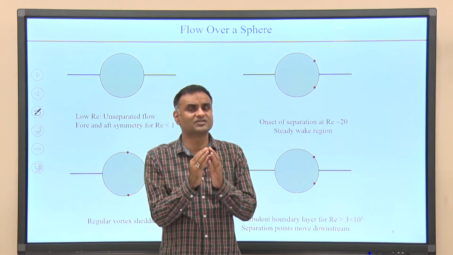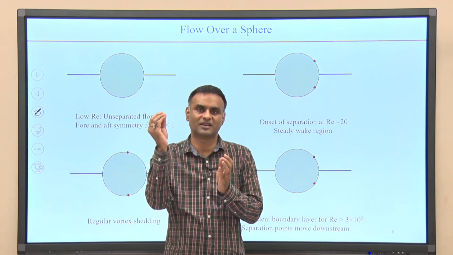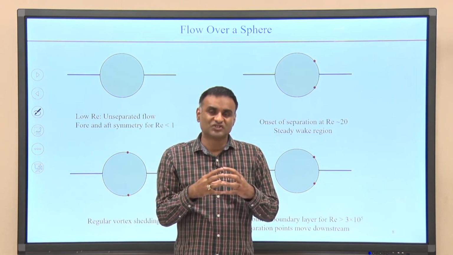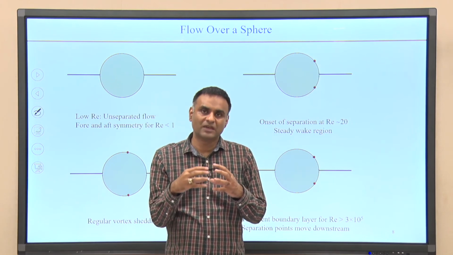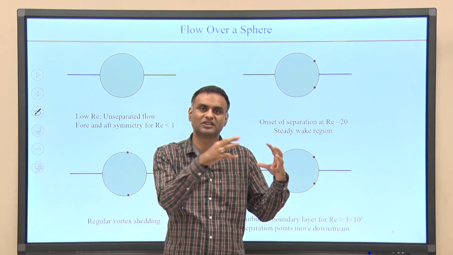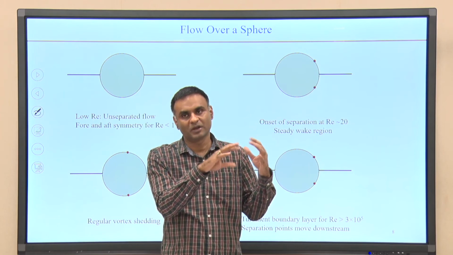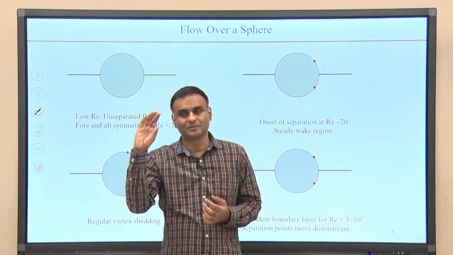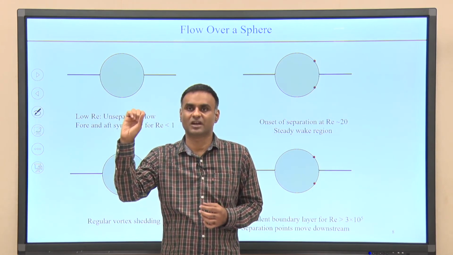These particles, if we consider them to be spherical, will have a boundary layer over them. So, we need to understand the flow behavior and the drag on a spherical particle: one, because they are everywhere, and second, because that is the simplest idealization we can make.